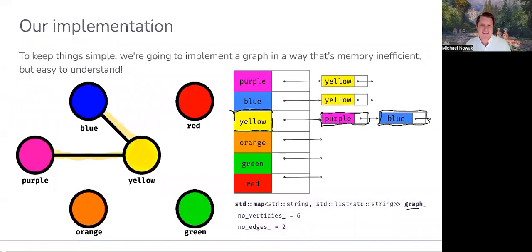And then keeping in mind that this is an undirected graph, there's also going to be entries for those connections in blue and purple's respective adjacency lists. So why is this memory inefficient? Well, if we look here, the string yellow is encoded 3 times.